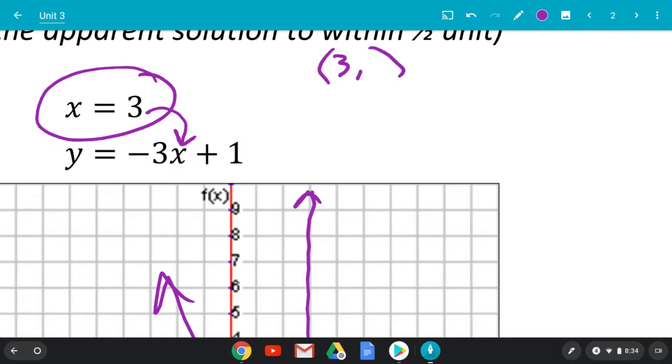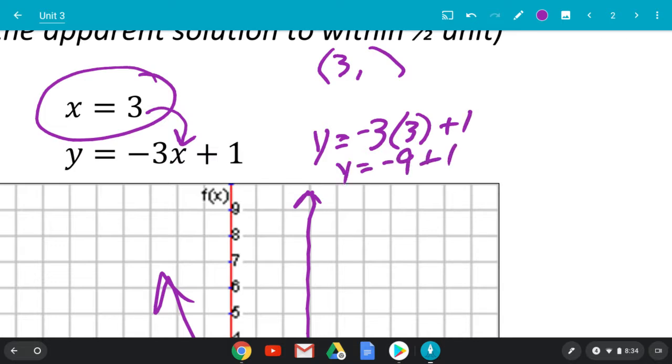So why don't I just plug that 3 into the other equation? y equals negative 3 times 3 plus 1, or y equals negative 9 plus 1, or y equals negative 8. Hey, isn't that what we found anyhow? That is called the substitution method. Why? Because we substitute the value of one equation into the other.